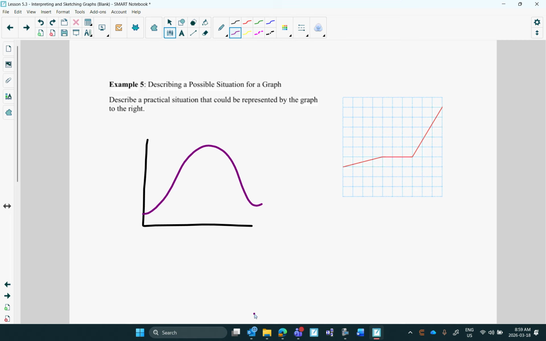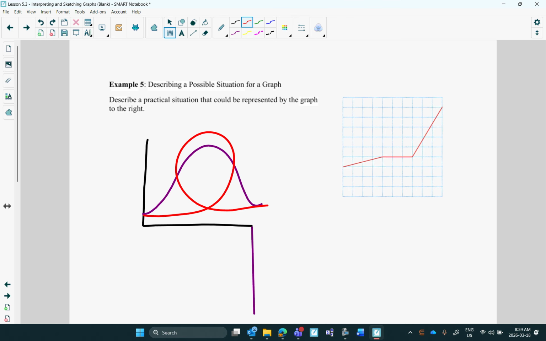Okay. What about you're on a Ferris wheel? Would this look like what would happen on the Ferris wheel? Or would this be what happens on a Ferris wheel? Which one? The purple or the red one?